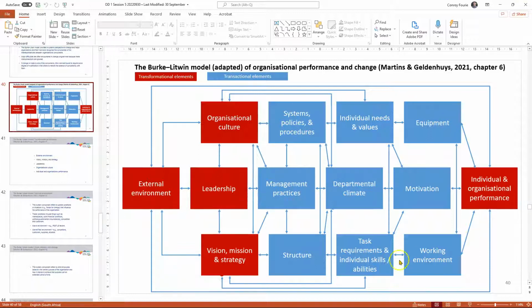And having done all of this, they then produce a report which they discuss with management and discuss the various assessments around motivation was like this, equipment, management practices, these are identified, and maybe these don't work so well seemingly, and so on. And so that's formed part of the diagnosis.